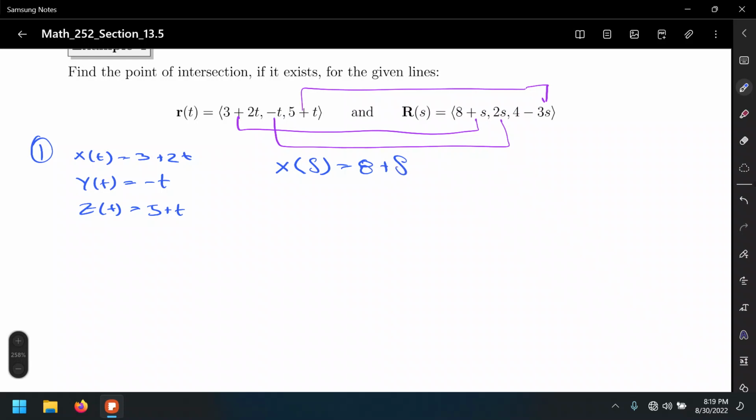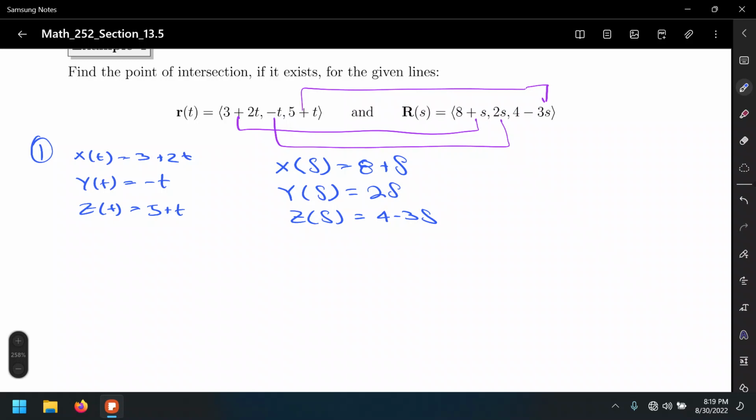I'm going to do a little curvy s to distinguish it from my 5s. y of s equals 2s. z of s equals 4 minus 3s.